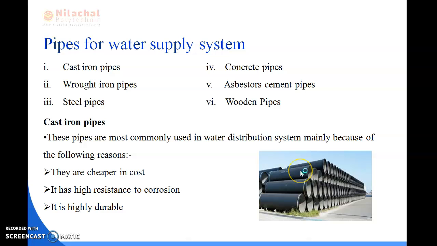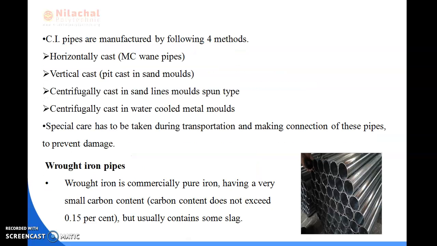These cast iron pipes are most commonly used in water distribution systems mainly because they are cheaper in cost, they have higher resistance to corrosion, and they are highly durable.